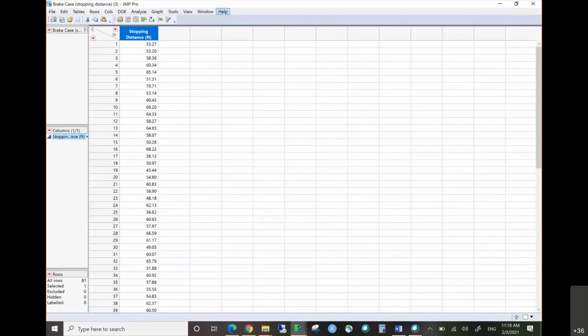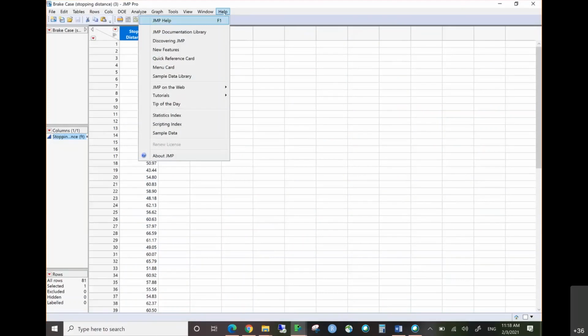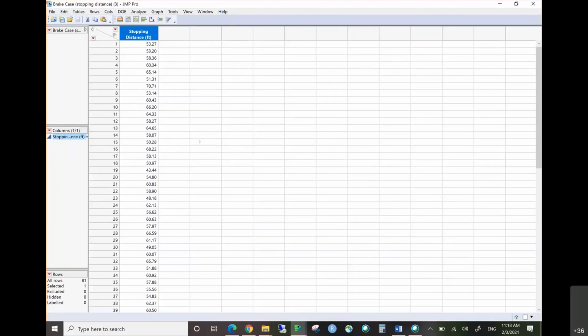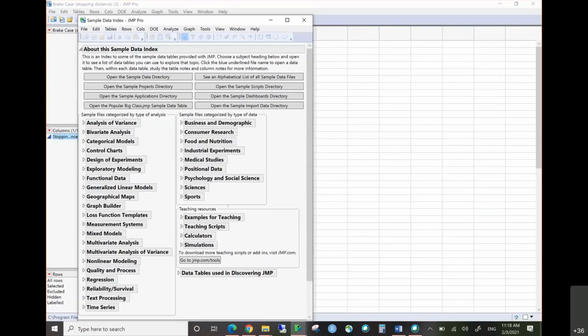Click Help, and then there is one option called Sample Data. Be careful here, it's not the Sample Data Library, it's Sample Data. Click this, and at the bottom there is one option called Calculators.